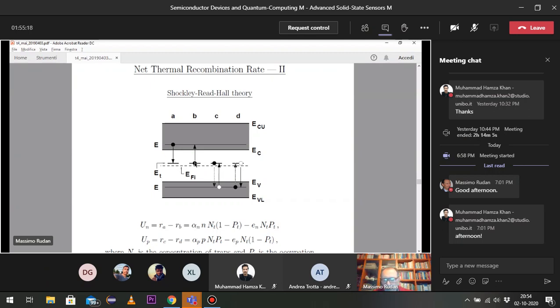Then we have transition of type B. One electron initially belonging to the trap makes a transition into the conduction band. So obviously, the total events of type A less the total events of type B per unit volume and time gives you the net recombination rate of the conduction band, because we have everything that goes out less everything that comes in.